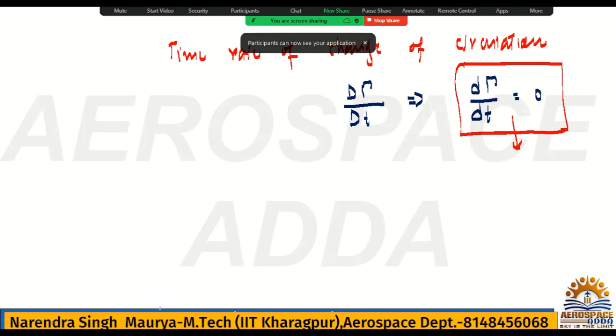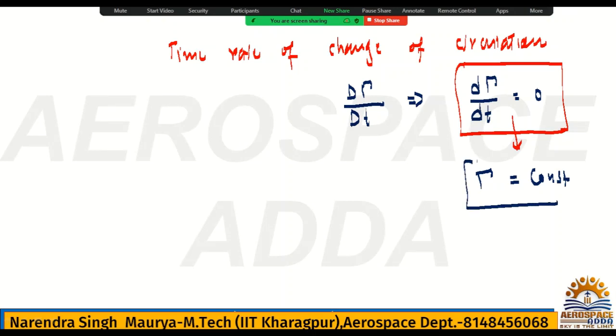Its meaning is very clear: the circulation will be constant. It is not going to change, whether at time T1, T2, T3, T4, anything, or any curve C1, C2, C3, the circulation must be constant.